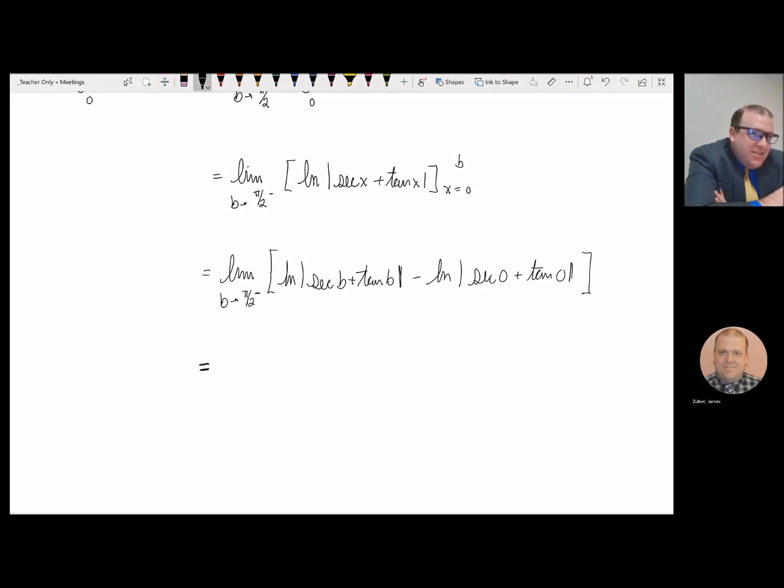How does secant of b behave as b approaches pi over 2 from the left? Goes to infinity. What about tangent of b?